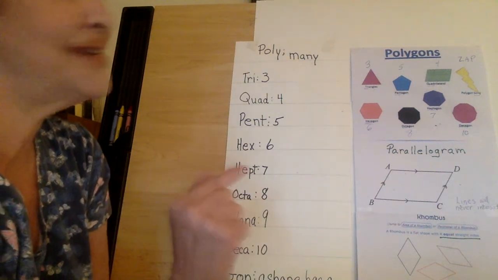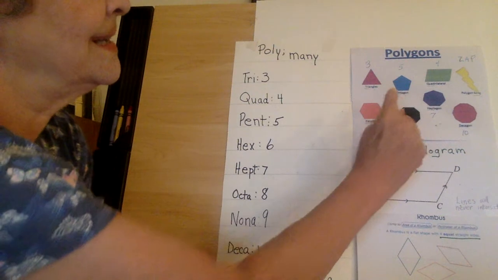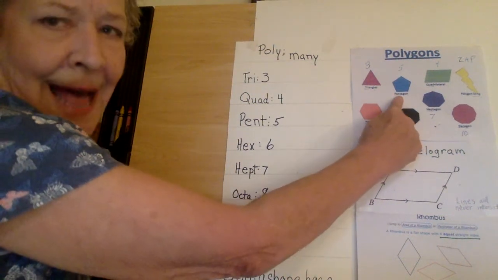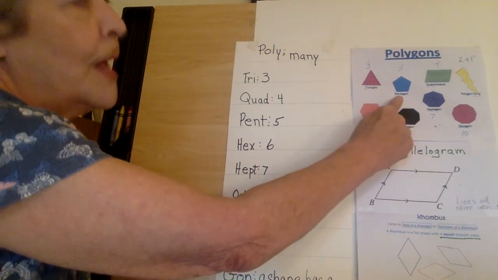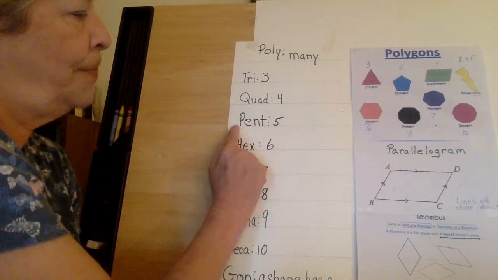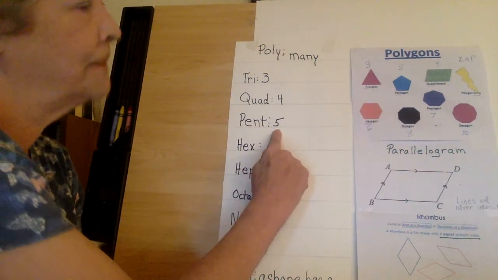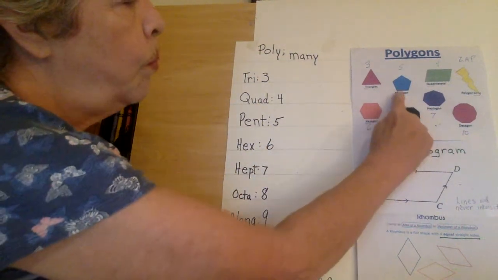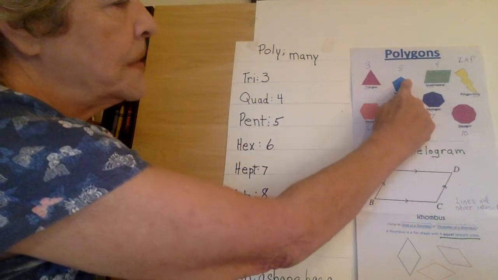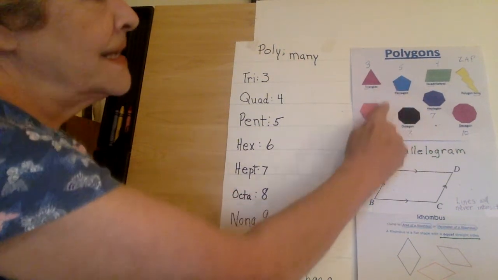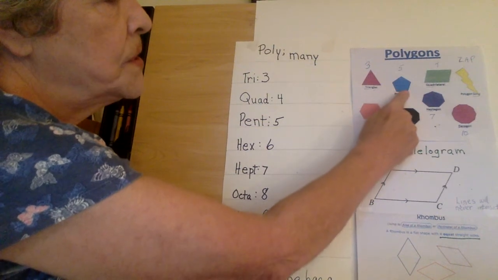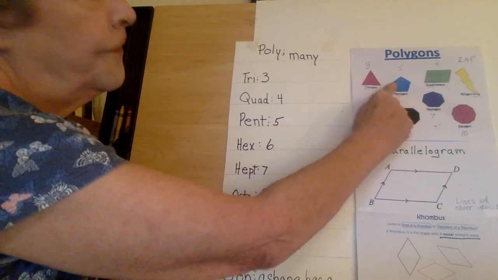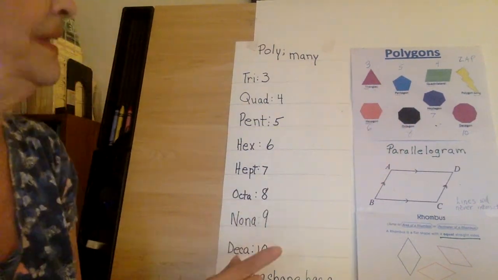I spy with my sharp little eyes. Pentagon. Penta. Pent means 5. It's 1, 2, 3, 4, 5 sides, and 1, 2, 3, 4, 5 angles.